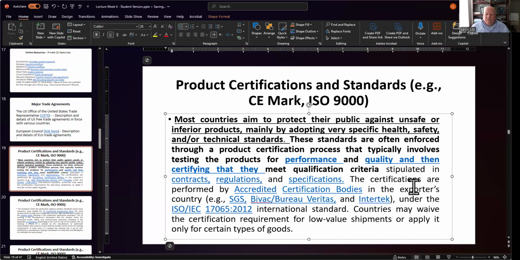And the certification, the way it really goes, is that the governments authorize certain private companies, SGS, BVAC, Intertech, ISO, etc., to be certifying bodies. They have the expertise. Then the company has this standard and has remedial actions if there's something wrong. They have good engineering standards, et cetera.